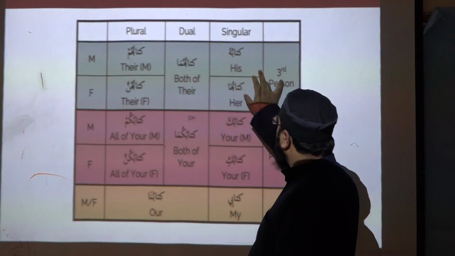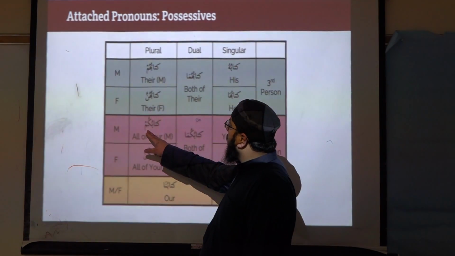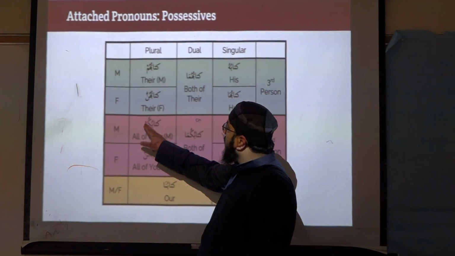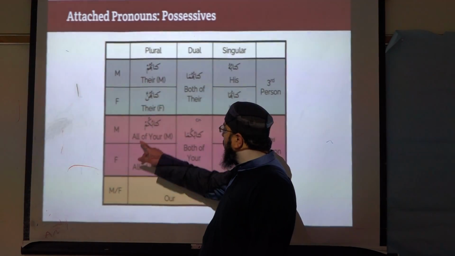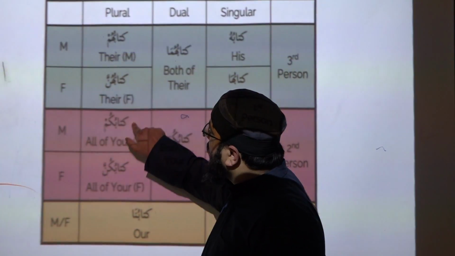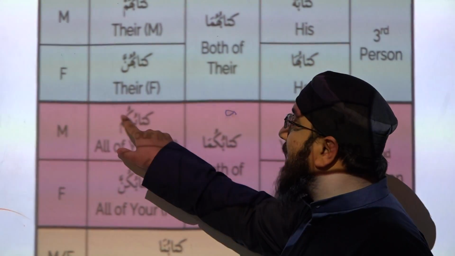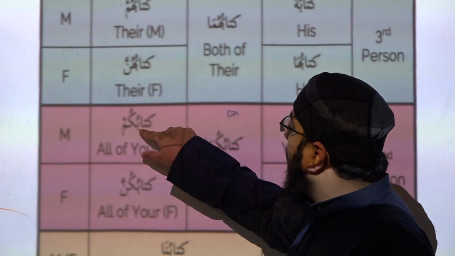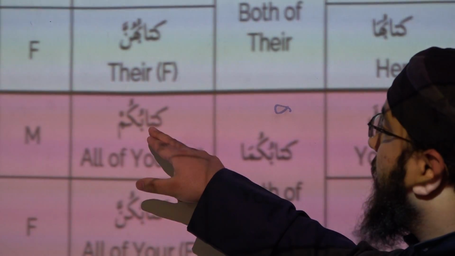So naumakum is this one right here. If you see, it has the kaf meem at the end, kum, meaning all of your. The noun shows up before the possessive pronoun. The noun gets attached to the possessive pronoun, and then you look at the noun for the case, for the status of the noun.